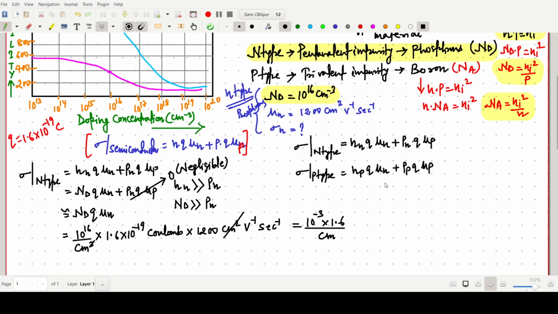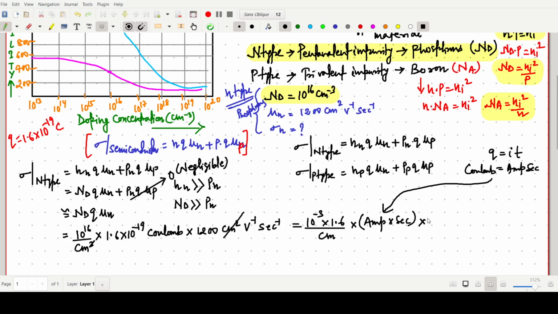Then coulomb: q is simply I t, so instead of coulomb we can write ampere into second. I am writing this because units also play a major role in any numerical, so I am writing it as practice.